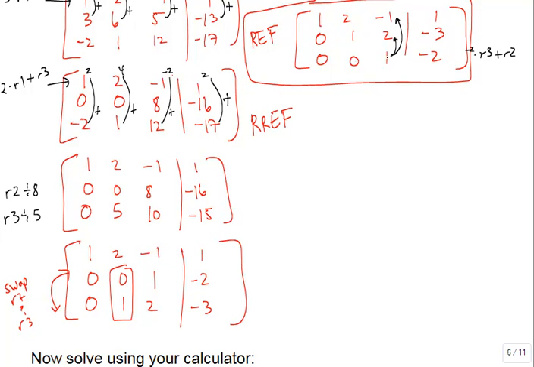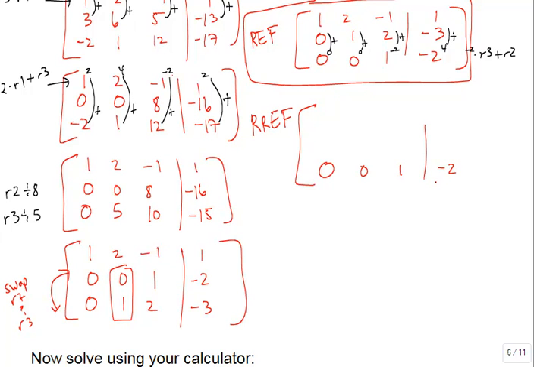Now multiplying this entire row 3 by negative 2 keeps these zeros and turns this into a negative 2 and turns this into a 4. And now we're going to add that up to row 2. So here's what my matrix becomes. 0, 0, 1, negative 2 stays in the bottom.